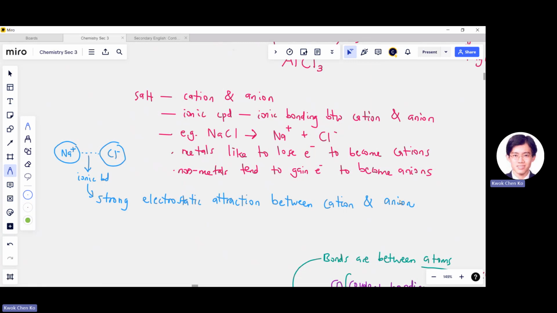That is why they attract each other. Even though at your level, they probably won't ask about this. Okay, opposite charges attract. But I think the concept should be quite easy to understand.